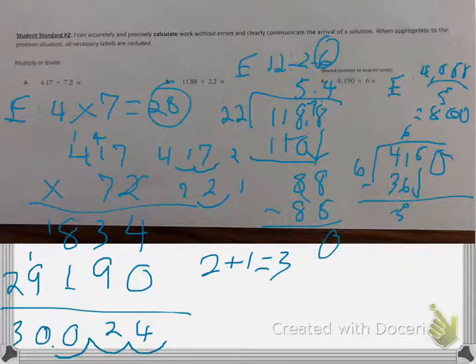I regroup, and I have 55, and this is in the tens place, so 55 tens, and 55 divided by 6, you would be able to fit 9 in there evenly. 6 times 9 is 54. Subtract, you'd have 1 left. 1 ten left, so I need to regroup into ones, so there I would have 10 ones. 10 ones split up into 6 groups. 1 would go in each group, so I'd have 6, subtract, I have 4.